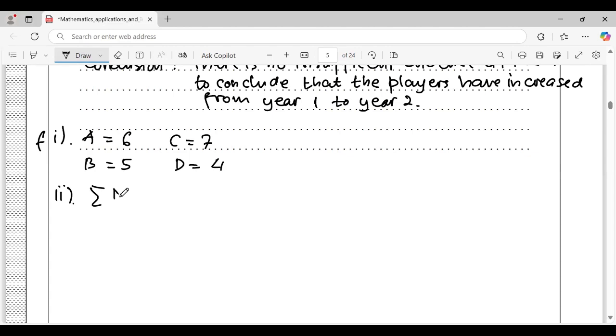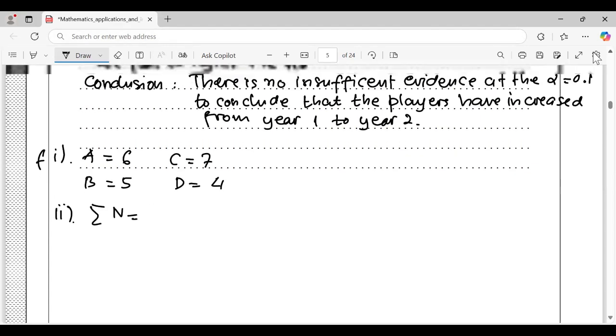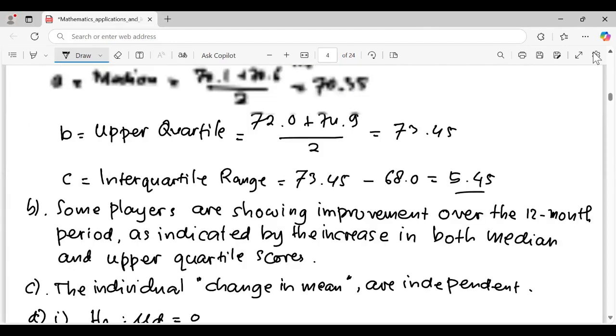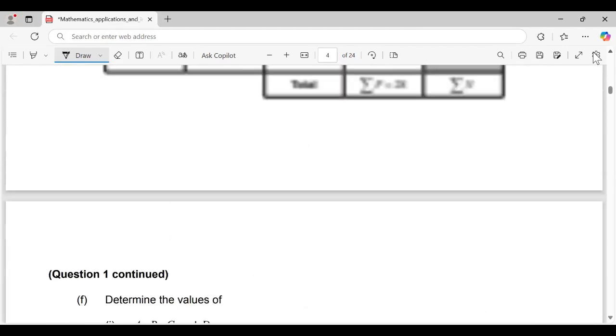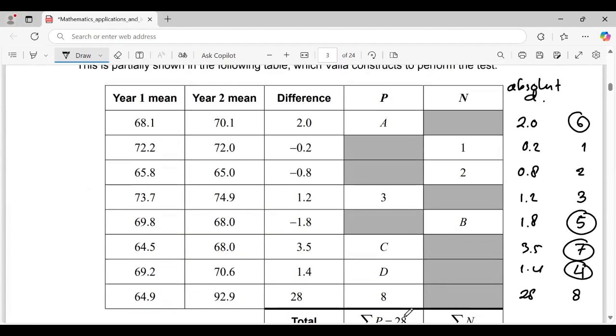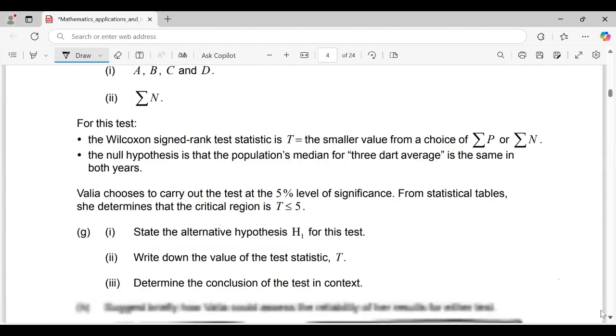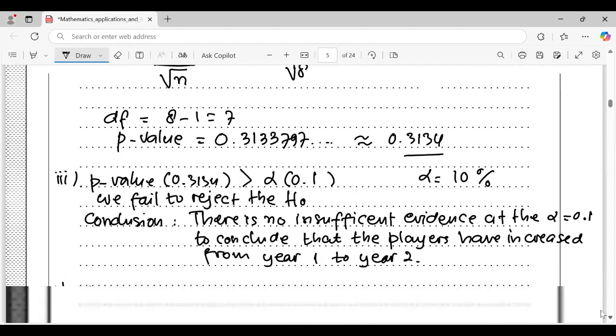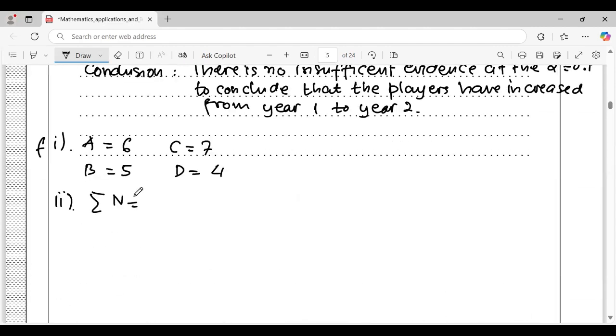Sigma n, let me evaluate the table. Table n is 1 plus 2 plus B, where B equals 5. It means 1 plus 2 plus 5. So sigma n equals 1 plus 2 plus 5. It is 8.